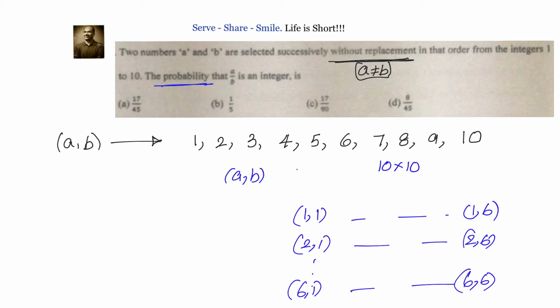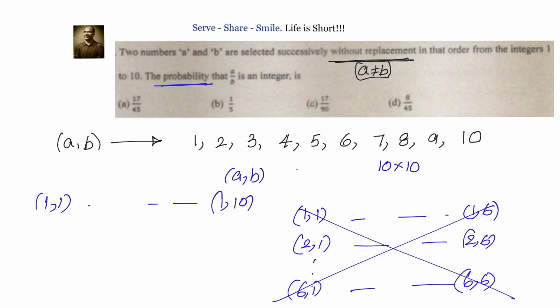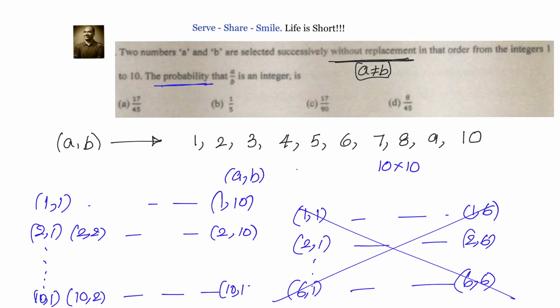Now the same logic can be applied here, and we can start with 1 comma 1 and we can go up to 1 comma 10. Similarly 2 comma 1, then 2 comma 2. Like that we can go up to 2 comma 10, and we can extend this till we go to 10 comma 1, 10 comma 2, and we go up to 10 comma 10.